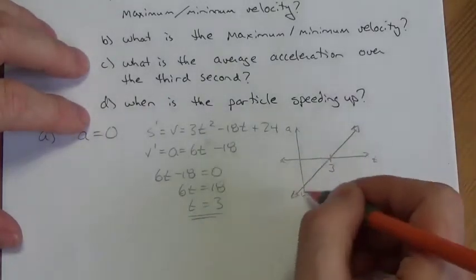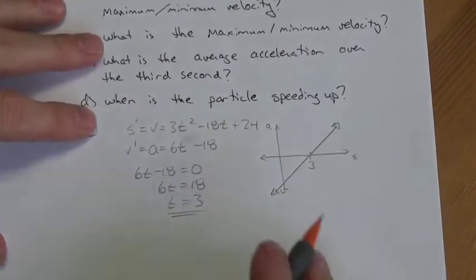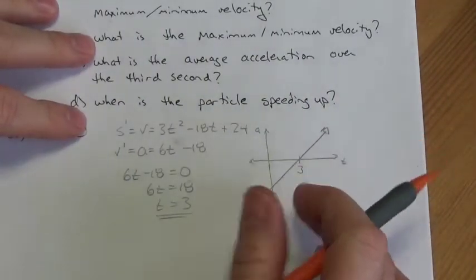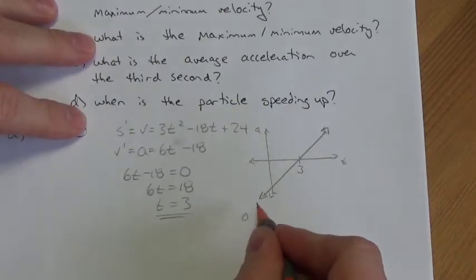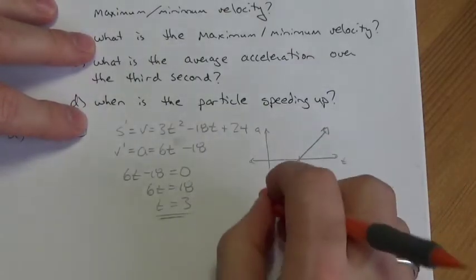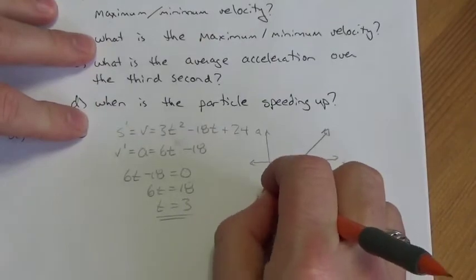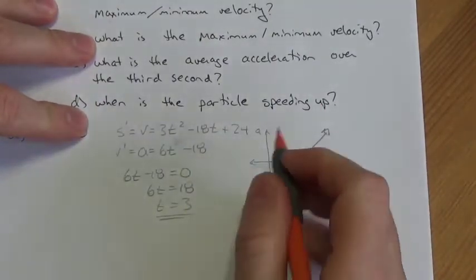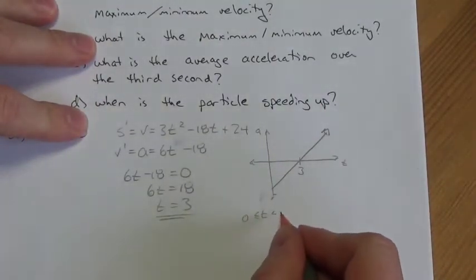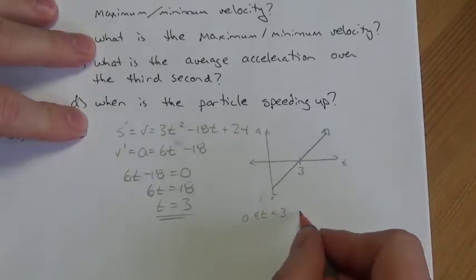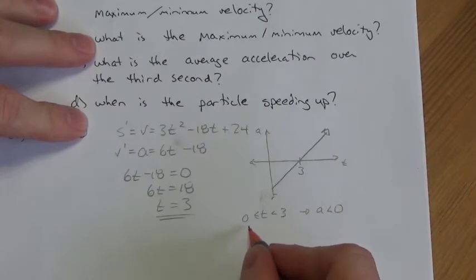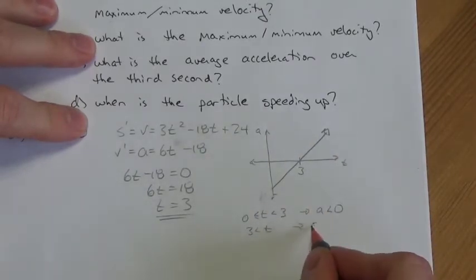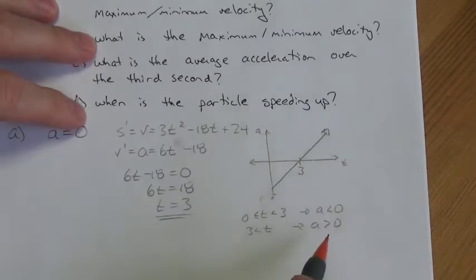Now, it's only going to go up to the 0 there, so I probably shouldn't have written it like that. From 0 out to 3, my acceleration is negative. From 3 out to infinity, the acceleration is going to be positive.